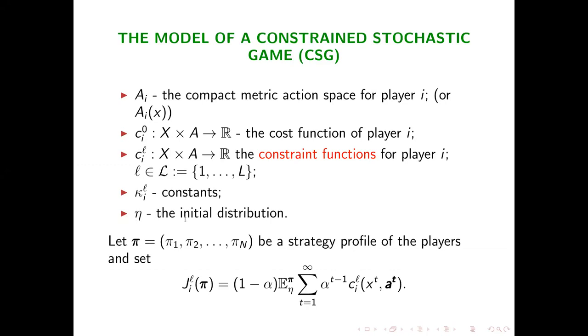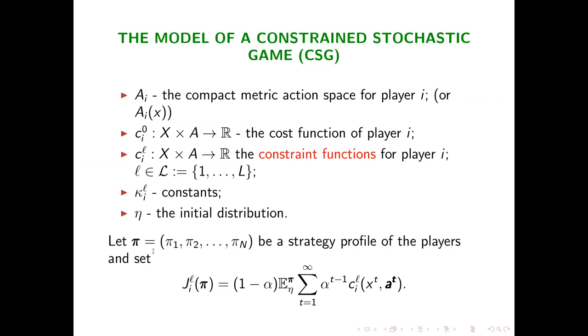And at this time, we have the initial distribution eta, so that's the distribution of the initial state. And as was done earlier, for any profile of strategies of the players, we define the expected discounted costs.